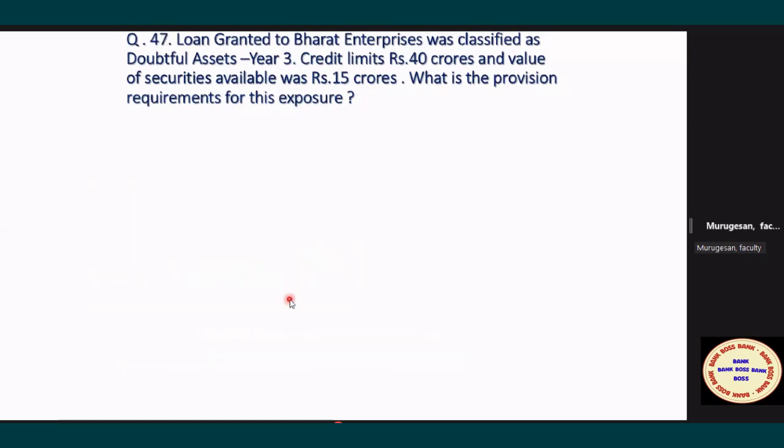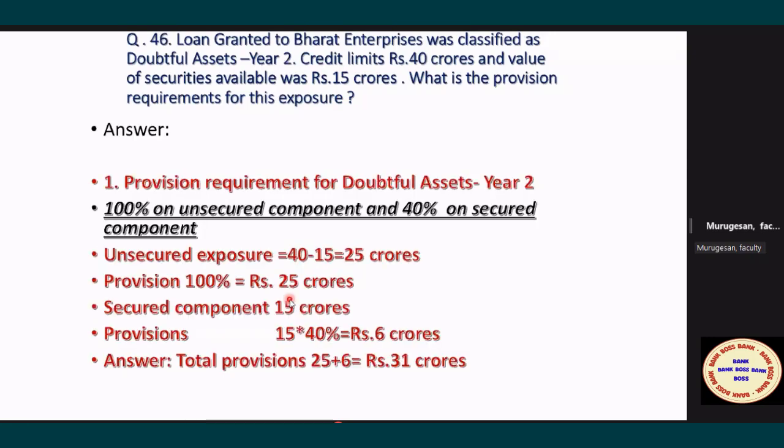So 25 plus 6, 31 crores will be the total provision. Understood or not?